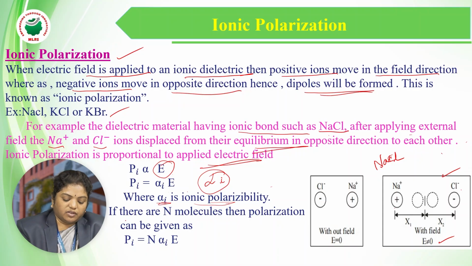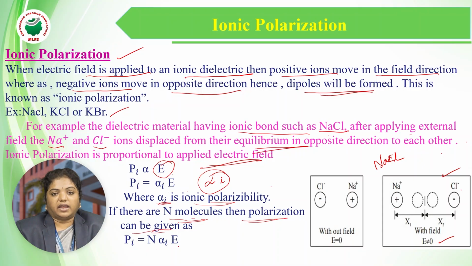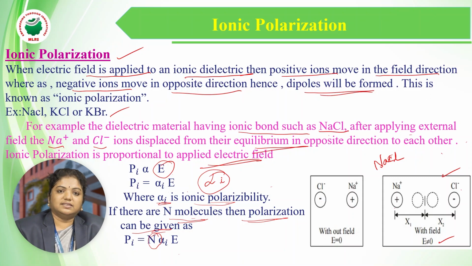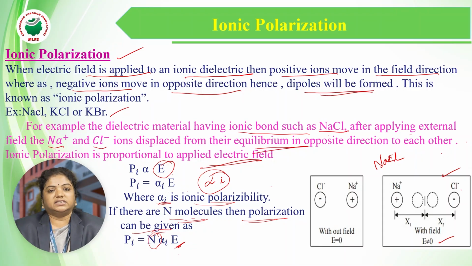For n molecules, the polarization is given by Pi equals n alpha i into E, where n is the number of molecules in the dielectric material. So the polarization depends on the number of molecules and mainly on the applied electric field strength. This type of polarization is called ionic polarization.